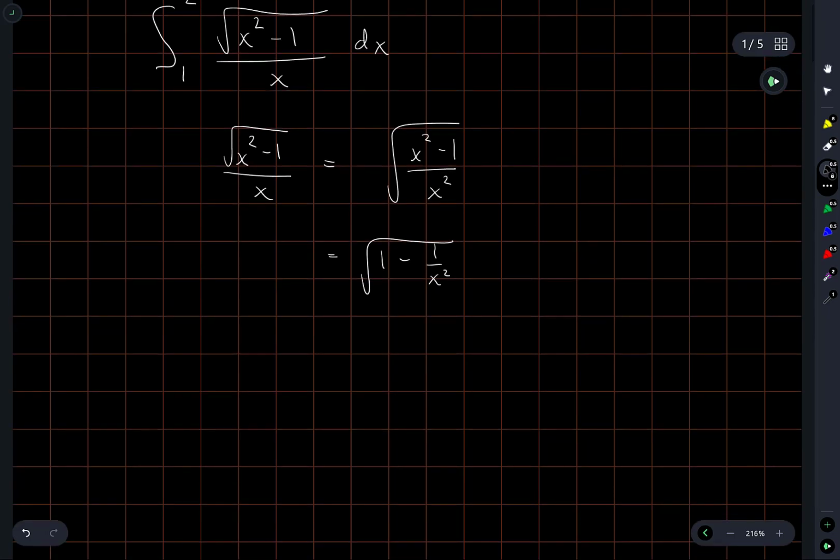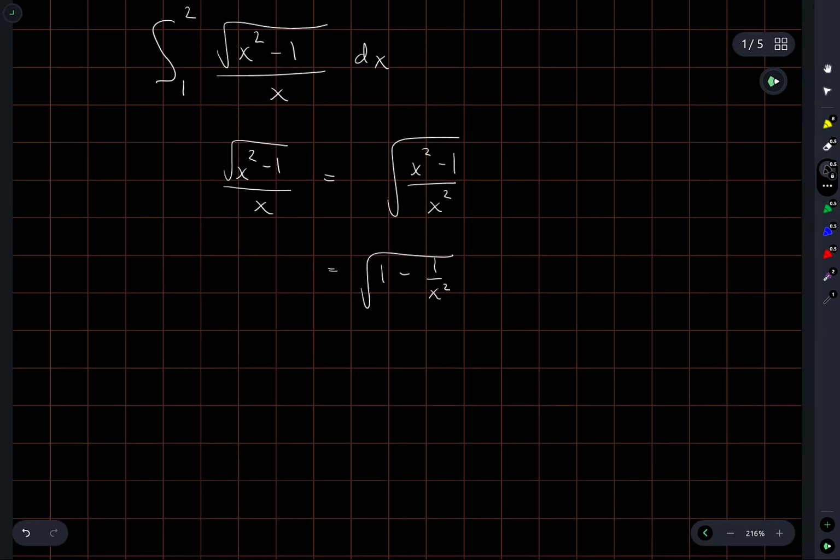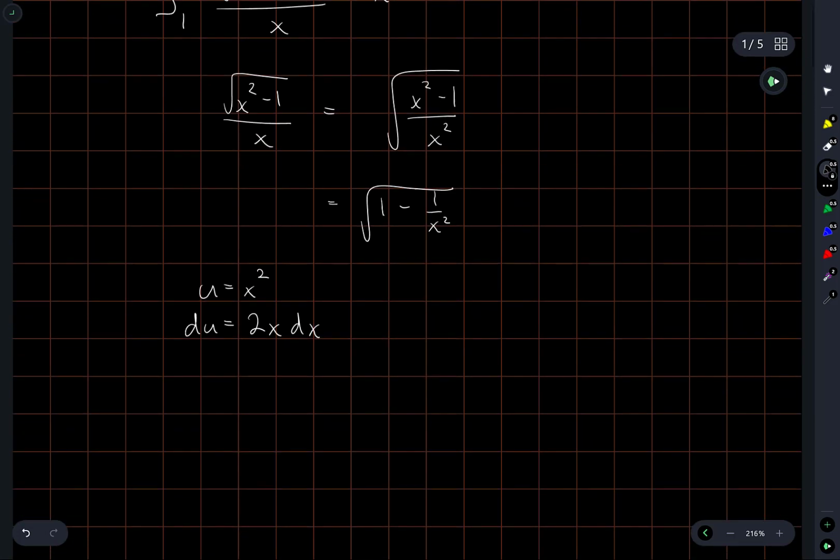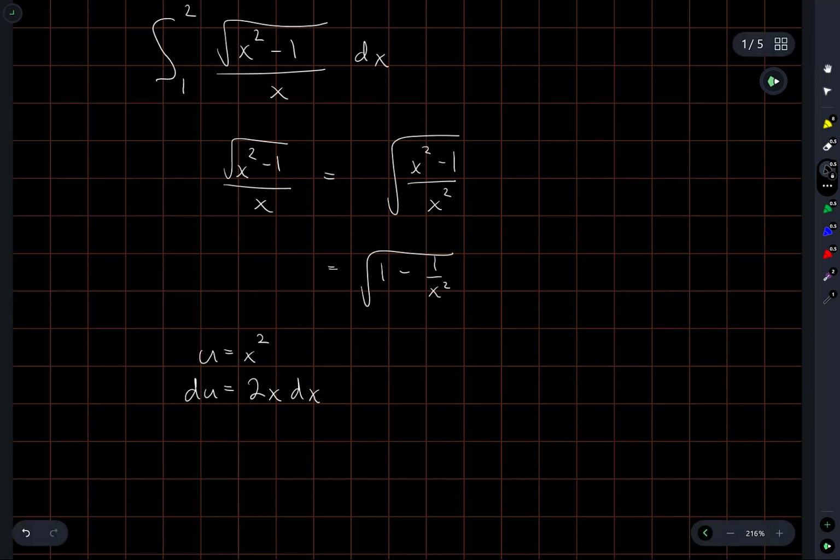It almost looks a little bit like a problem I did recently with an exponential under the square root sign. I know this isn't directly the substitution you would normally want to make in this case, but maybe something comes out of this.